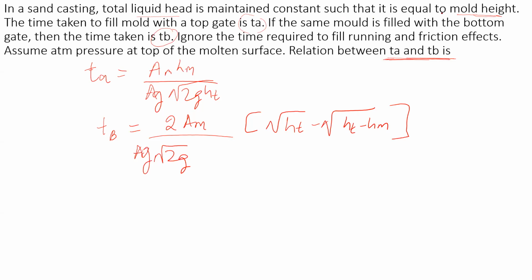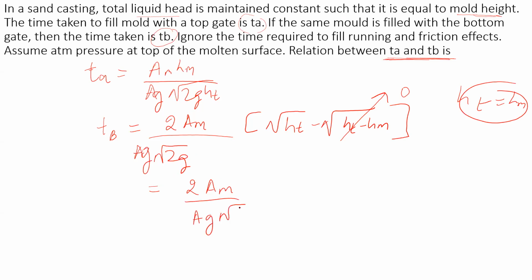Total liquid head is maintained constant such that HT is equal to HM. So HT is equal to HM, so this becomes 0. So this expression will change to 2AM upon AG under root 2G and under root HT. So TB is this. Now you have to do TA divided by TB. So when you do TA divided by TB, what will we get?